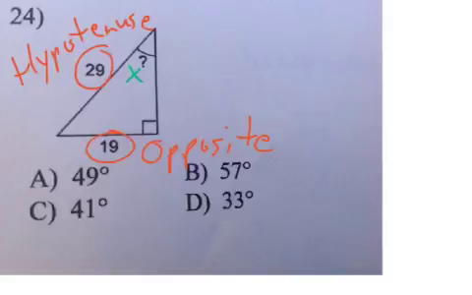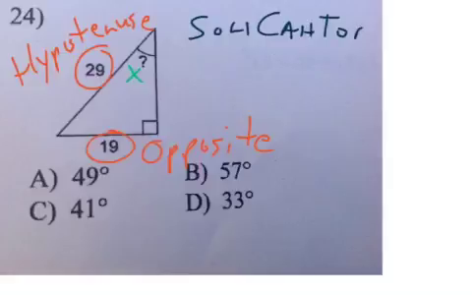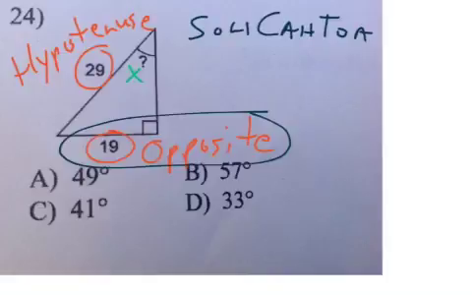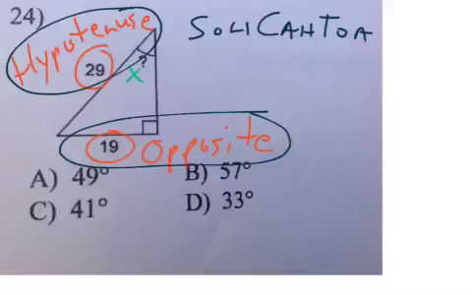Well, let's take a look at SOHCAHTOA again. Notice this time, if I know I have the opposite and the hypotenuse, well, what uses opposite hypotenuse? And if you look close enough, you'll realize, hey, that SO part uses opposite hypotenuse, right?